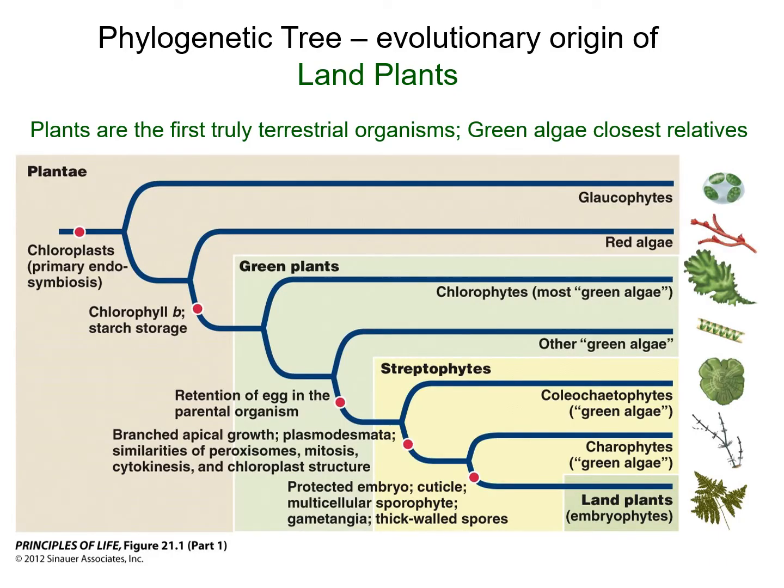So here's a phylogenetic tree of the group Plantae, which is the plants, including some of the algae, which are the closest ancestors, and of course all the way up here to the land plants, sometimes called the embryophytes.